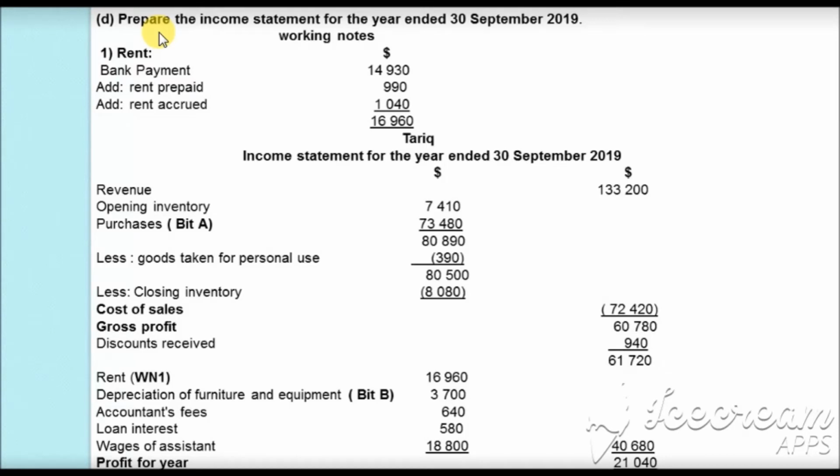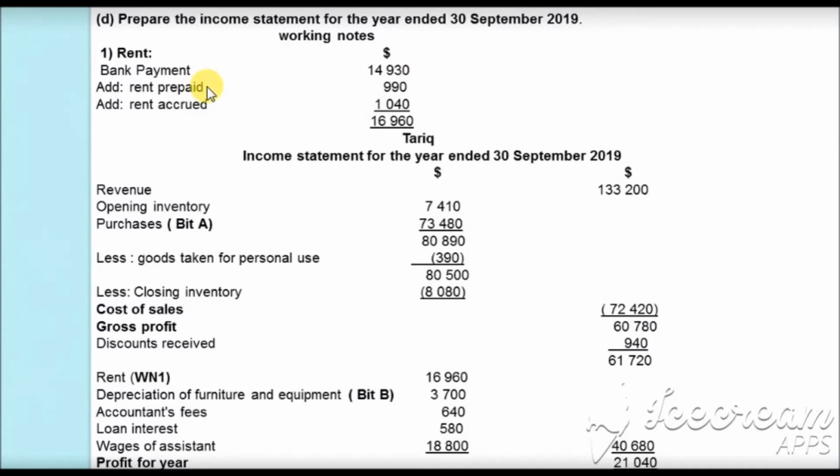In the D bit of the question, we are asked to prepare the income statement for the year ended 30th September 2019. Before making the income statement, let's do the calculation for rent, and then we will proceed and make the income statement. You see, it was mentioned in the receipts and payment account that rent paid by bank was $14,930.